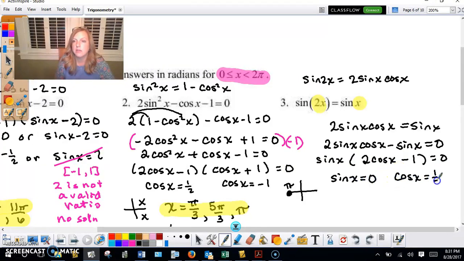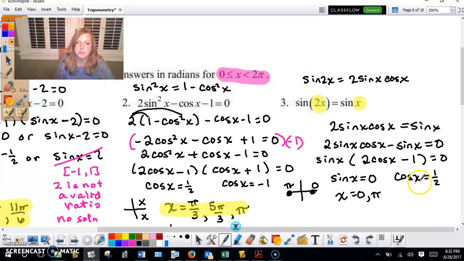Again, I'm going to solve. Remember this is quadrantal, and sine of x equals 0. That's your y-coordinate, and I'm going to use this one over here, at 0 and pi. So x equals 0 and pi. You would have lost these solutions if you had divided by sine of x. You want to be very careful and not do that.